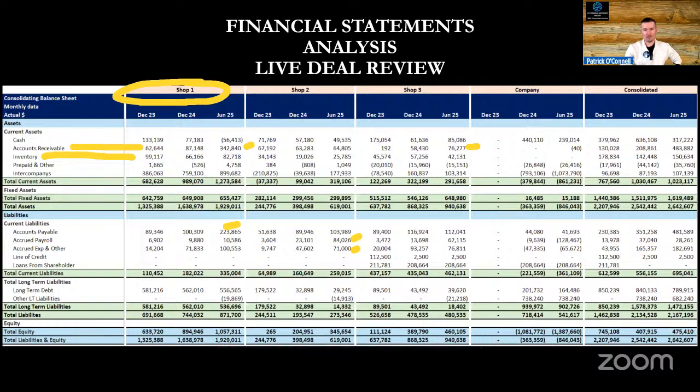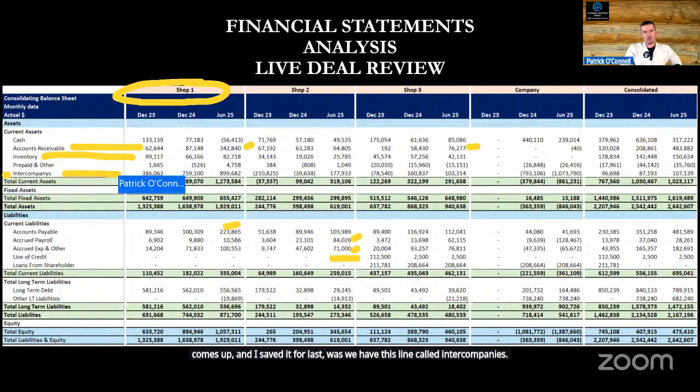A couple other things: it looks like the business has a line of credit. So if you're doing an asset or stock sale, it's important to unpack the line of credit and make sure those terms carry over. One thing which comes up, and I saved it for last, is this line called intercompanies.